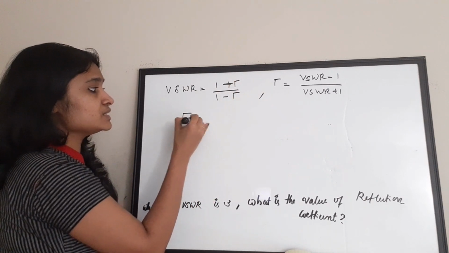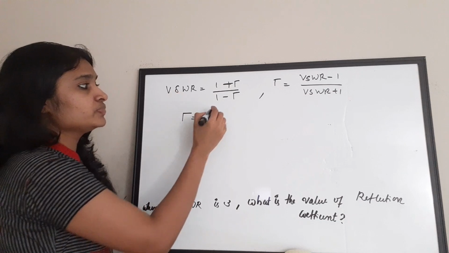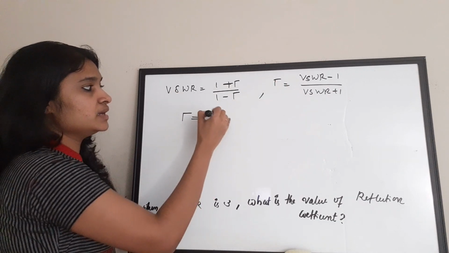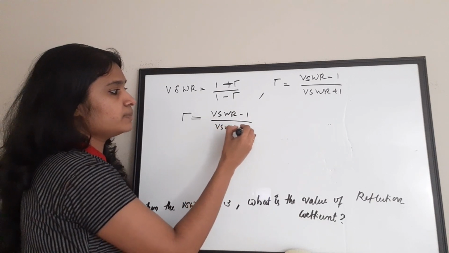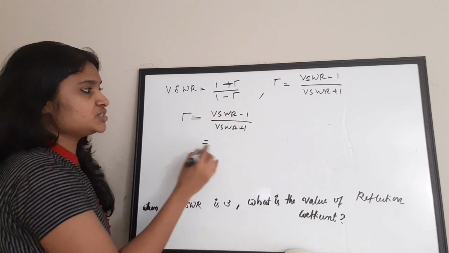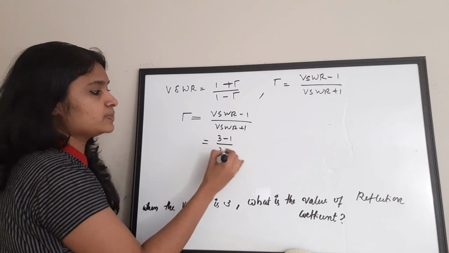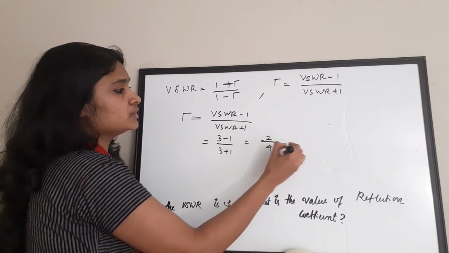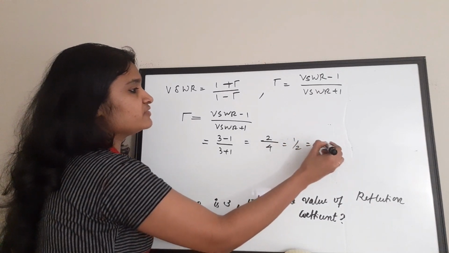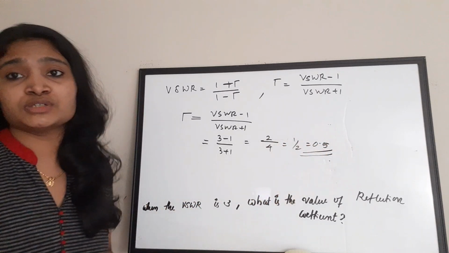Reflection coefficient is represented using tau, which is VSWR minus 1 by VSWR plus 1. So 3 minus 1 by 3 plus 1, which is 2 by 4, that is 1 by 2 or 0.5, the value of the reflection coefficient.